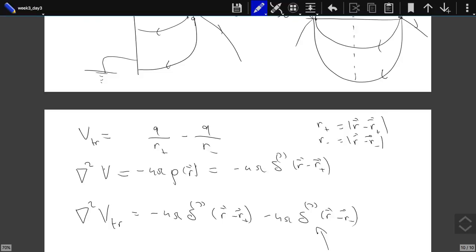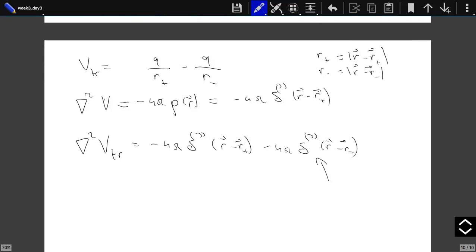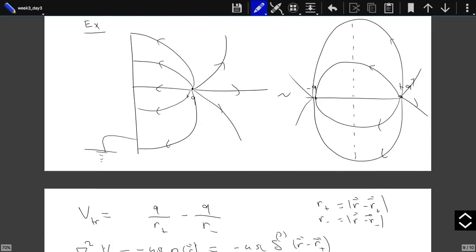But you see, the problem is we are looking for a solution of our Poisson equation in a region, in a volume where r is never equal to r minus. We have this conducting plate. We are looking for the potential in this region, in front of this plane.